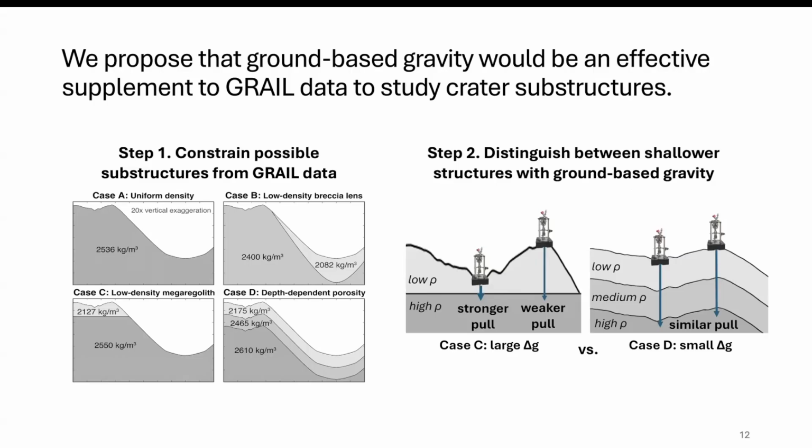And what we're proposing is to supplement the GRAIL data with ground-based gravimetry to constrain possible substructures. So from GRAIL we get these possible substructures, things that could be, and then we can distinguish between those using ground-based gravity. Just to drive it home, we're combining the two.